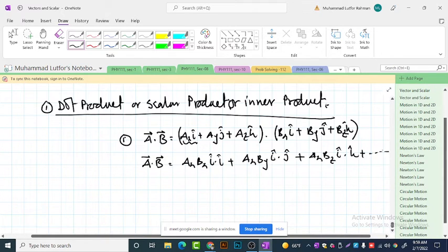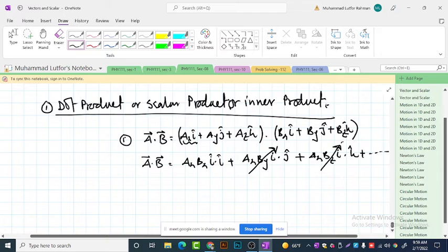You can multiply ay with the rest of the b components, and az with the rest of the b vector components. Now I know from the properties of the unit vectors that the similar ones survive but the dissimilar ones vanish. So i dot i is basically 1, but i dot j and i dot k would be basically 0.